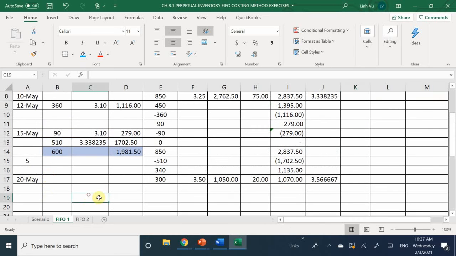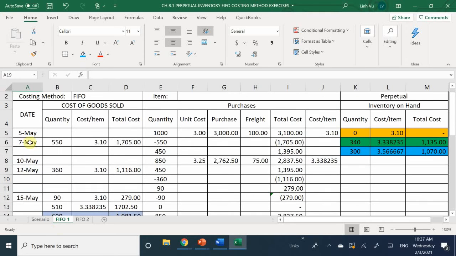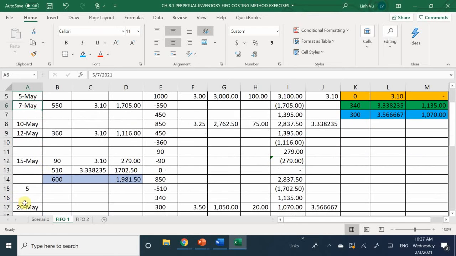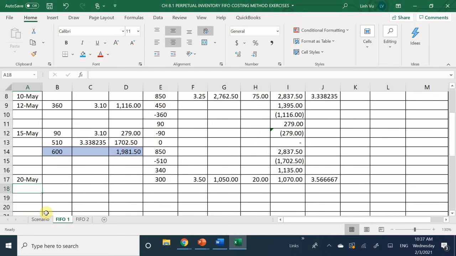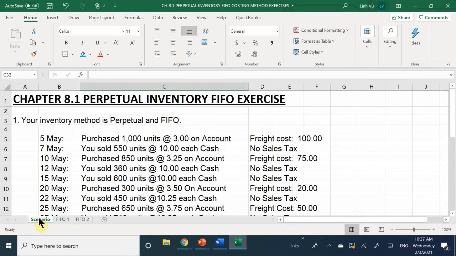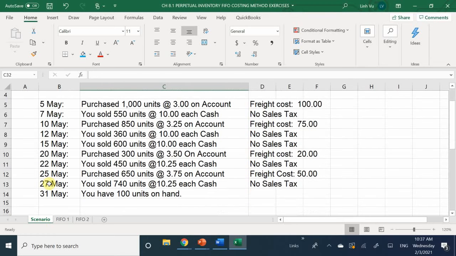So with that being said, now we can take a look at our numbers here. We just entered in a new batch of inventory. So what has happened next on May 22nd?